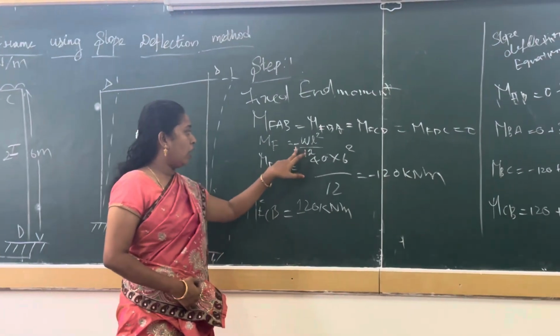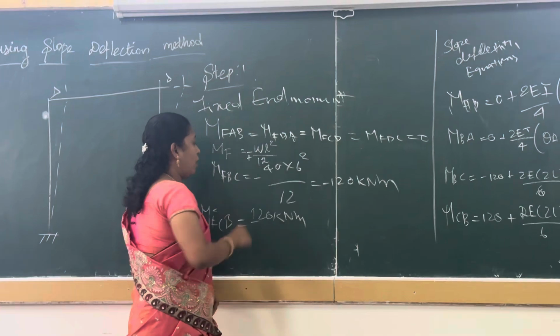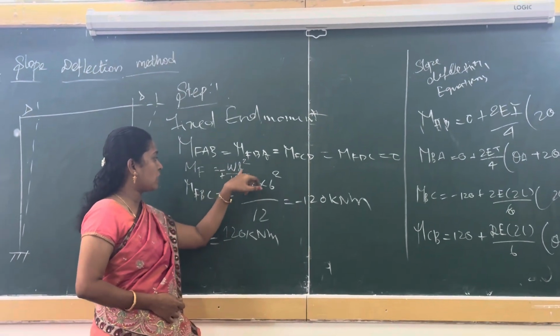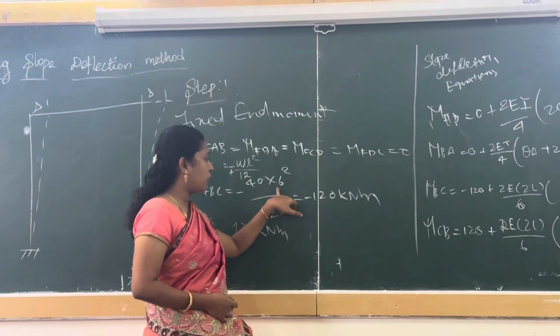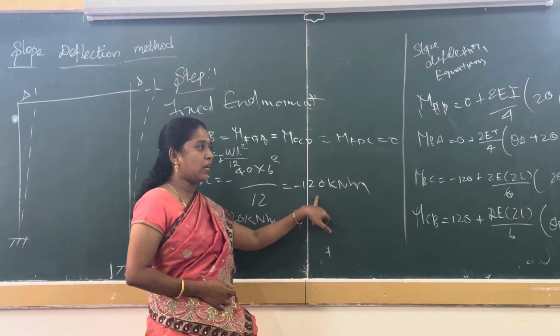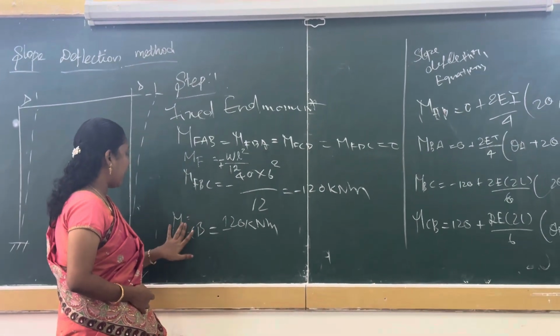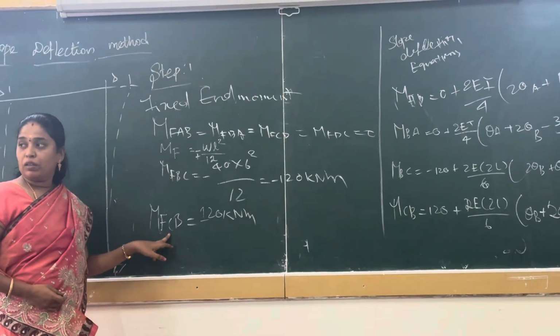So for BC we are having the formula as minus WL square by 12. Substituting the load value and the length value, we get the answer as minus 120 kilonewton meter. And then we are calculating the fixed end moment for CB.